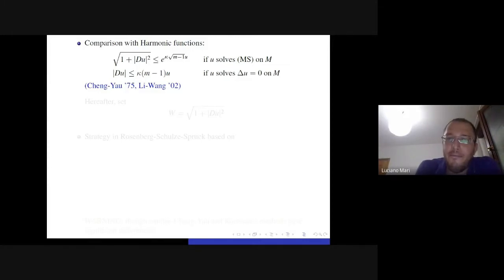That means if equality is attained at some point, then you are in a specific warped product in the case k is equal to 0. In our case, if equality is attained at some point, then k is 0 and u is constant. We are not able to find a warped product with negative Ricci curvature for which you can attain equality in our gradient estimate.